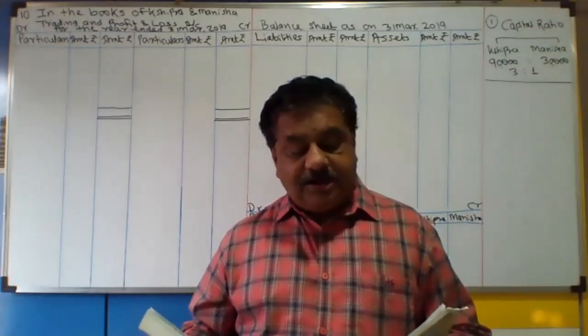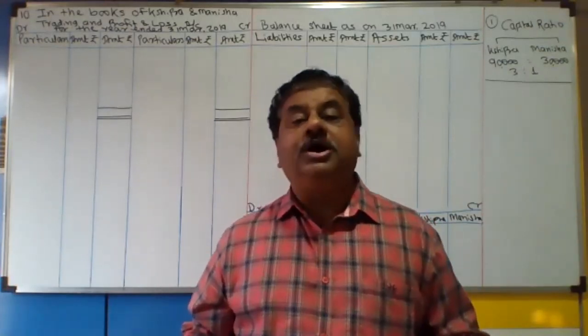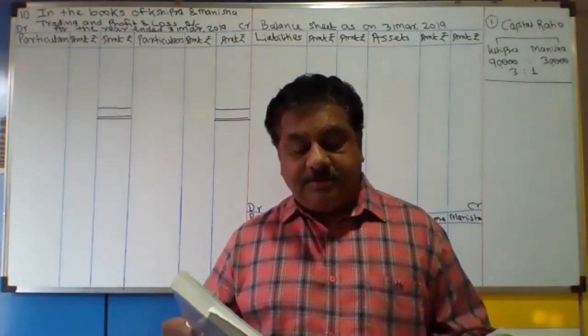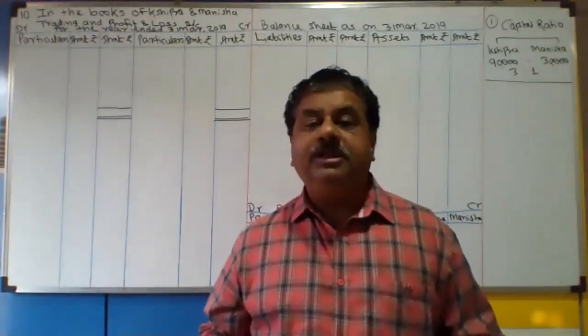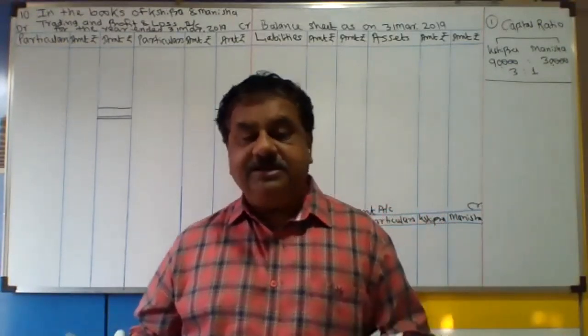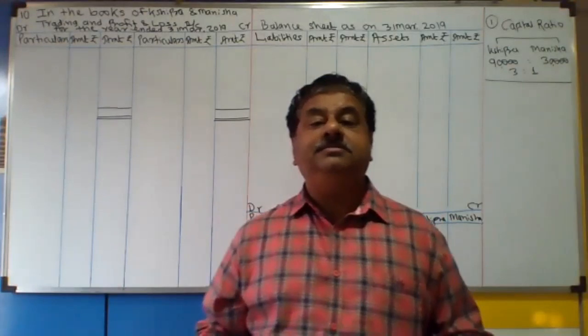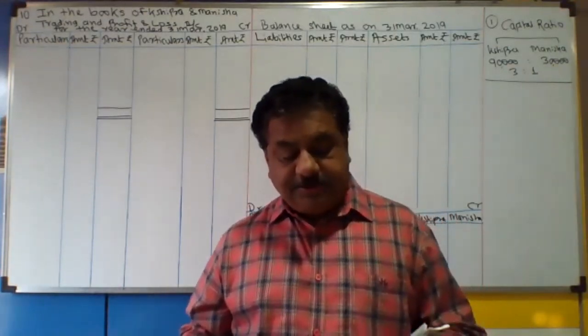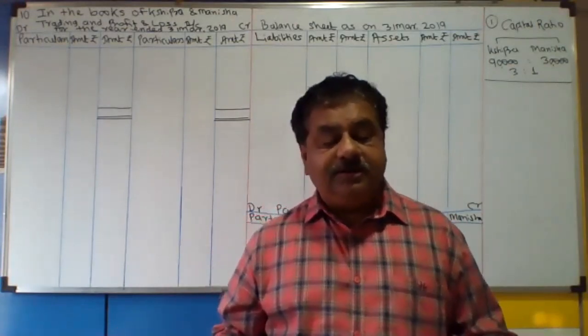Each partner is entitled to get 1% commission on the gross profit. Then interest on capital is 5% per annum. That we will calculate later on. Outstanding expenses are wages and salaries. Tick mark wages, tick mark salaries. Create provision for doubtful debts, 3% on debtors. Tick mark your debtors.